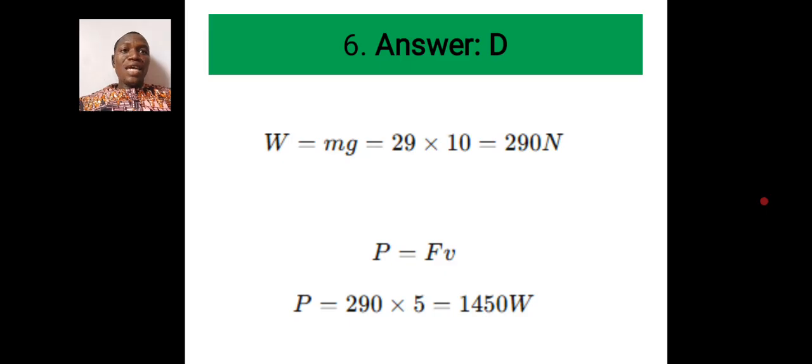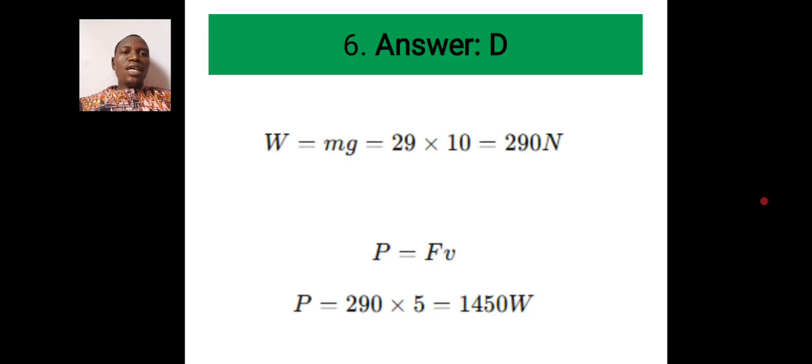F is equal to ma, or W is equal to mg. Why? Because that g means acceleration due to gravity. M remains mass, weight is force. So please don't be confused. So using this formula, we have 290 Newton as the force that the boy is applying. You see how they ask their physics questions, right?